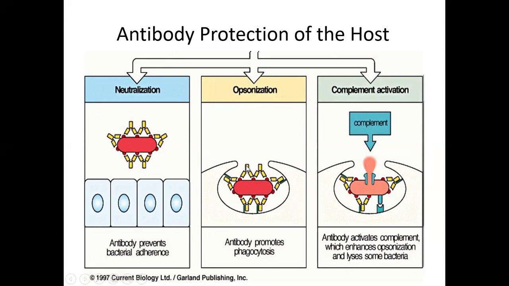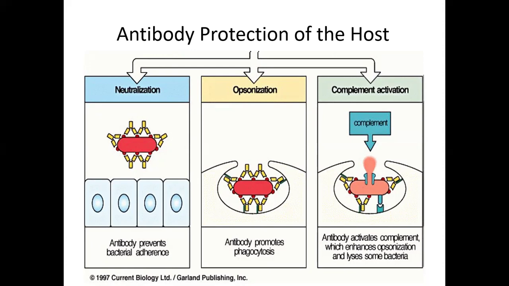If you remember, opsonization is a help in the process of phagocytosis when a phagocytic cell meets a bacteria, meets a pathogen. The phagocytic cell needs to recognize that it is not self, that it is something foreign, and this recognition occurs with the touching of bacterial antigen.